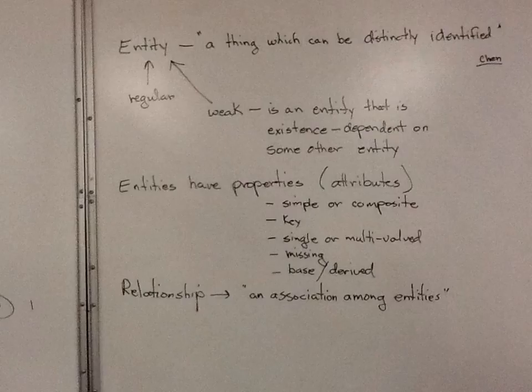Last page. Some more terminology. Some is a repeat, but we need to keep working at it. An entity: a thing which can be distinctly identified. That's actually from the person who created the entity relationship model, Chen. It can be a regular entity or a weak entity, which is an entity whose existence depends upon another entity. We've mentioned that before.